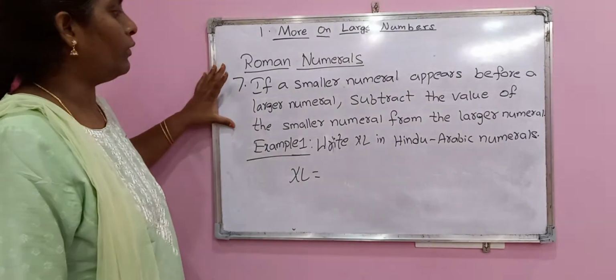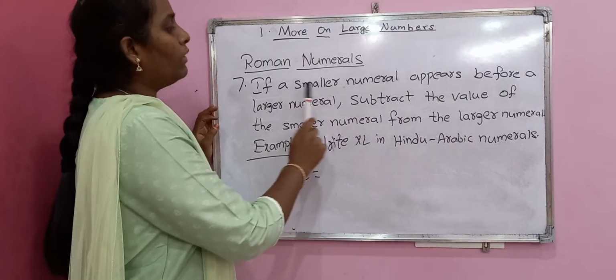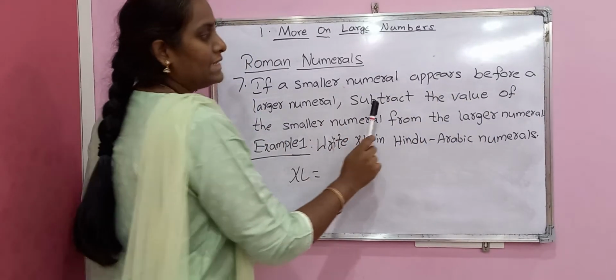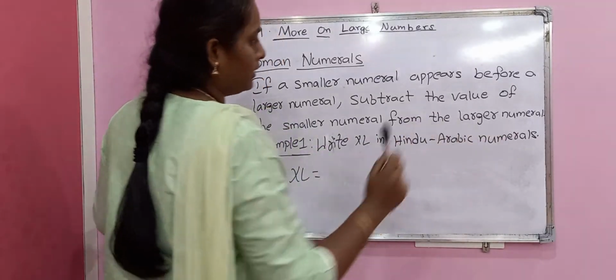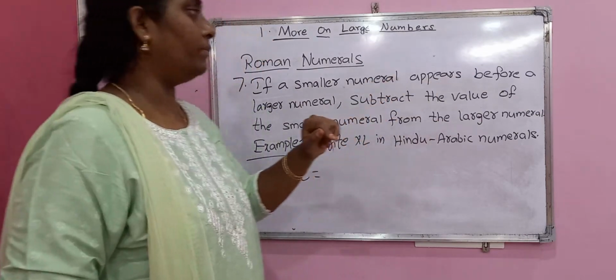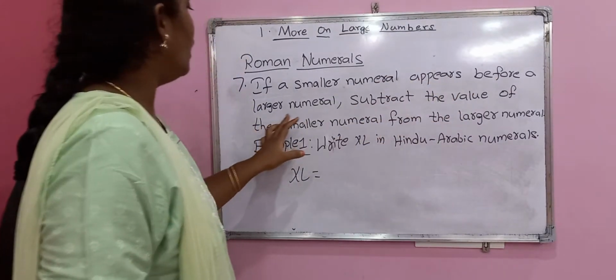Now the 7th point. If a smaller numeral appears before a larger numeral, subtract the value of the smaller numeral from the larger numeral. Again, if a smaller numeral appears before a larger numeral.